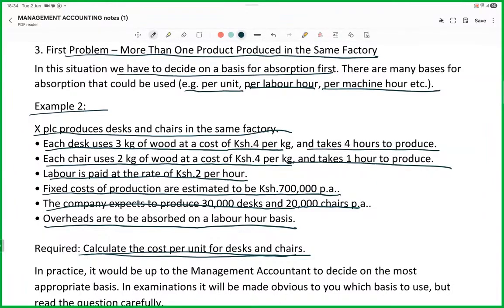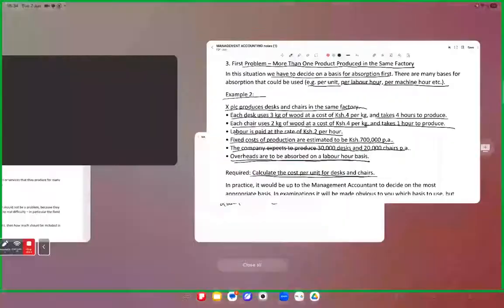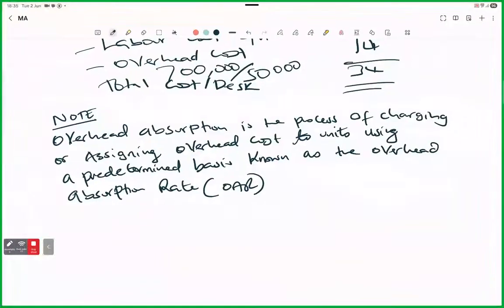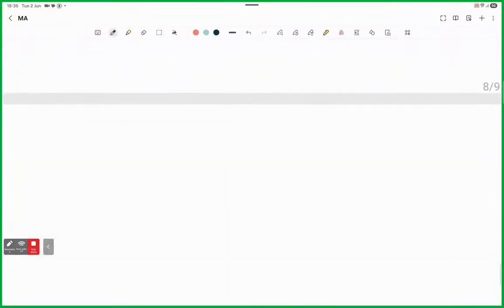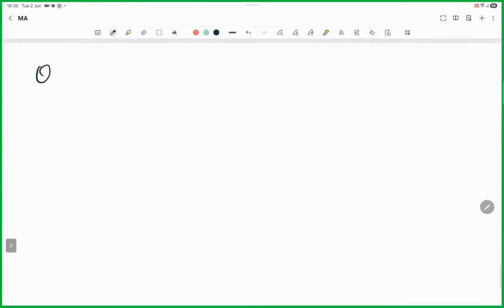Now, ladies and gentlemen, please listen. In this kind of a question, you can see they have given us the overhead absorption basis. They have told us to absorb overheads using what here? Labor hours. The first thing you shall do is to give us OAR. What does this OAR mean?